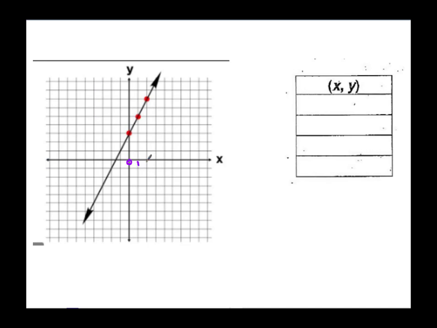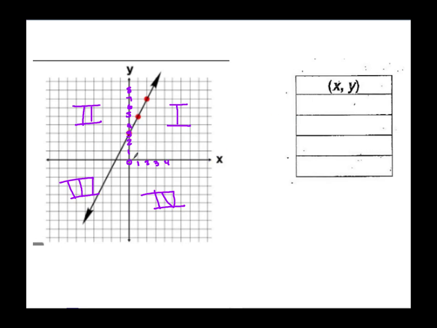Then I have 1, 2, 3, 4, and I'm going to go ahead and number them 5, 6, 7, 8. That's what I'm going to do because they're all in quadrant 1. Remember, this is 2, 3, and 4. I'm only going to label quadrant 1 because all my plots are in quadrant 1.